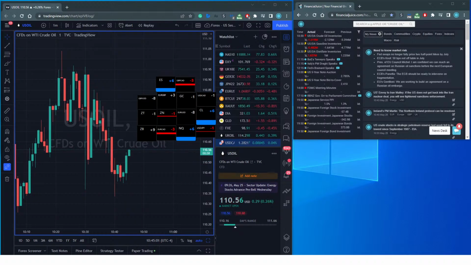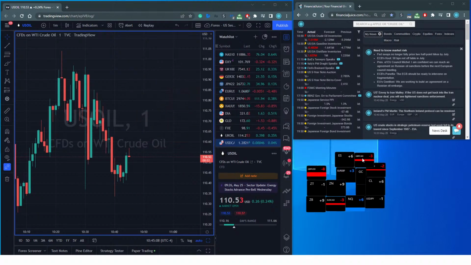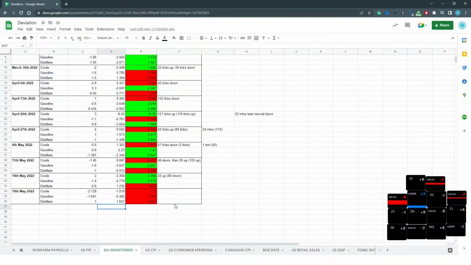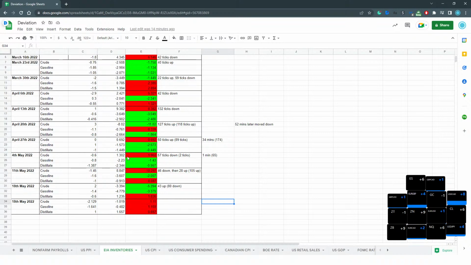One thing I did want to mention is that the deviations that I was showing here are something that people on our main list will receive, so they get a bit more time to look at the data and how the market has reacted to the data, and what kind of deviation we are looking for to get strong movement in the markets.